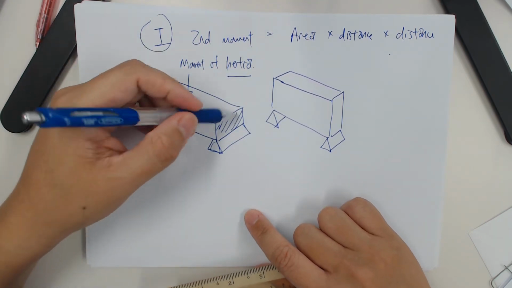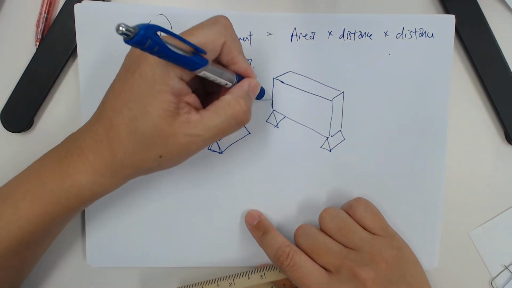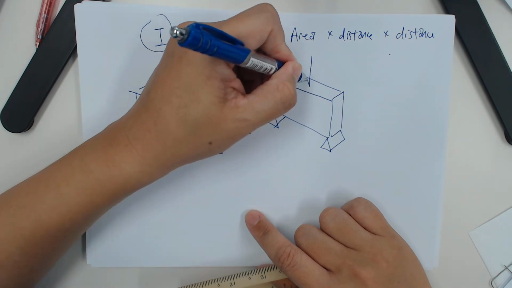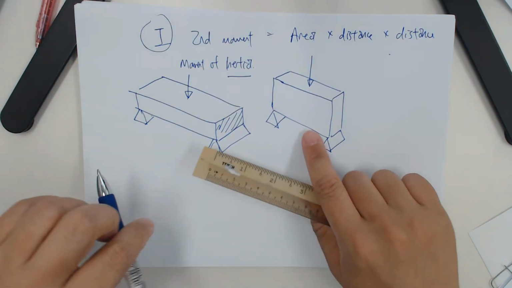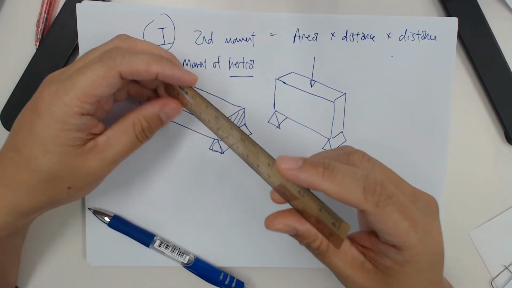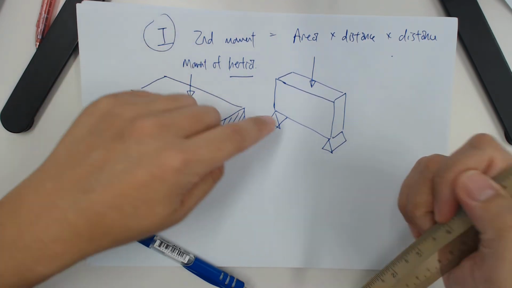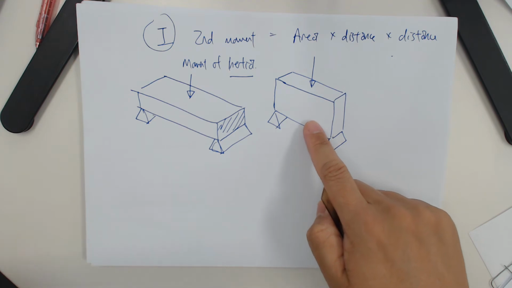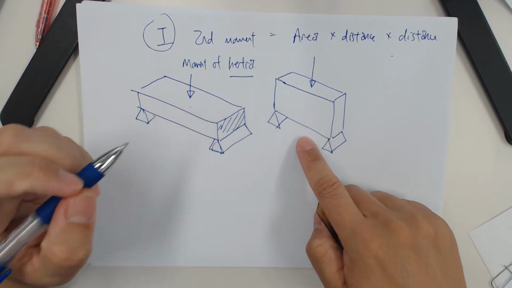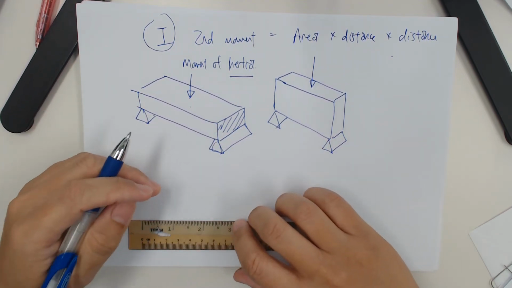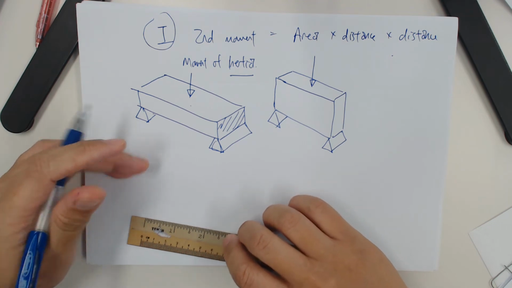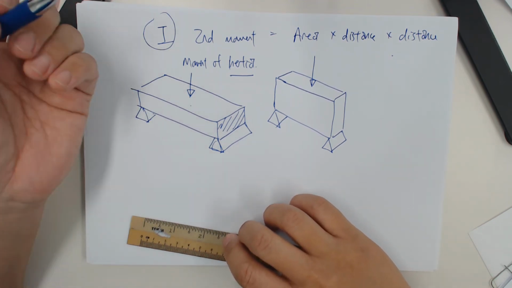Imagine the same beam, just tilted 90 degrees, and now the same load comes down. Do you think the beam is going to be less resistant to bending or more resistant to bending? You should say that it is more resistant.